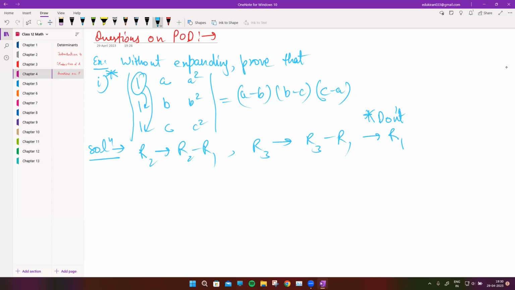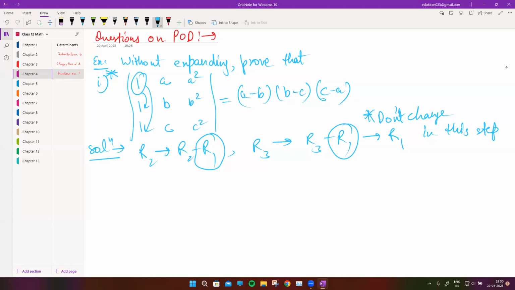You can apply as many transformations as you want, just always keep this fact in mind: whatever you are using to change other rows, don't change that row or that column. In a simpler version, if you want to change a lot of rows or a lot of columns in a single step, you can perform as many operations as you want in a single step.